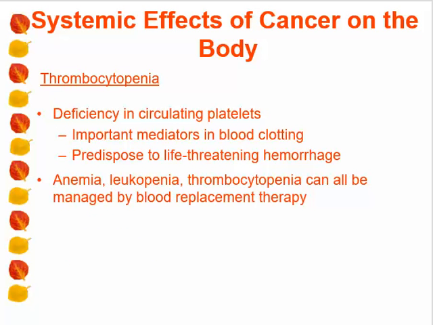Thrombocytopenia is around blood clotting. And a lot of people with cancer actually die of hemorrhage, internal bleeding, and things like that because of the thrombocytopenia. Most of these things are managed through blood replacement therapy, through platelets, through donated blood.